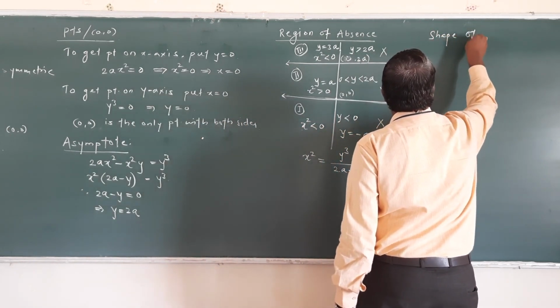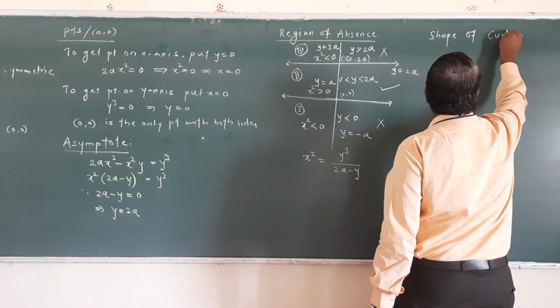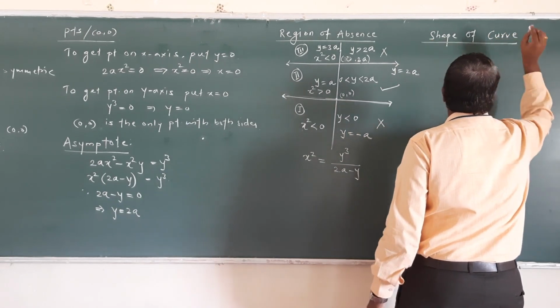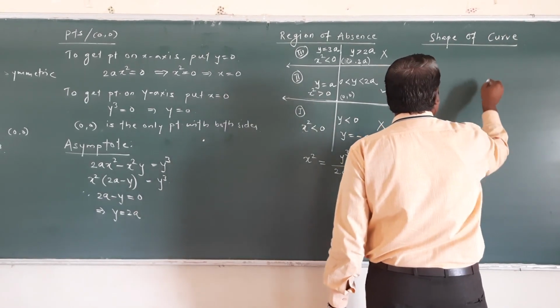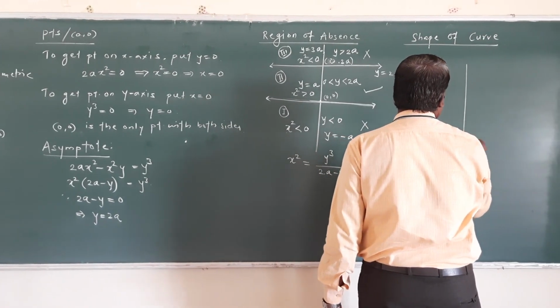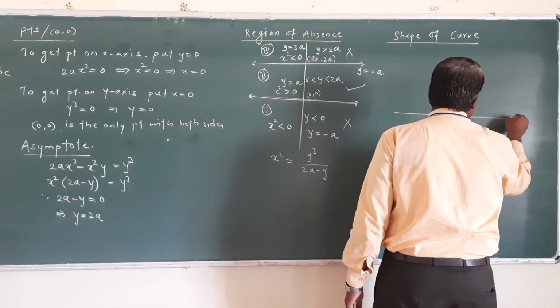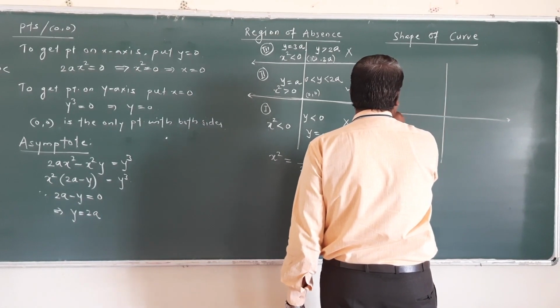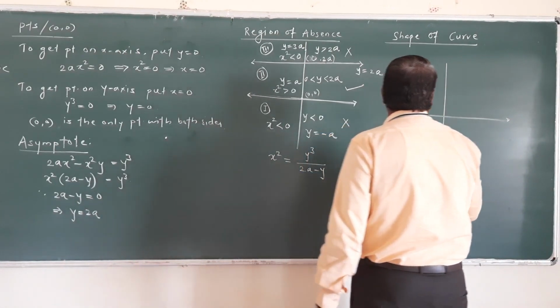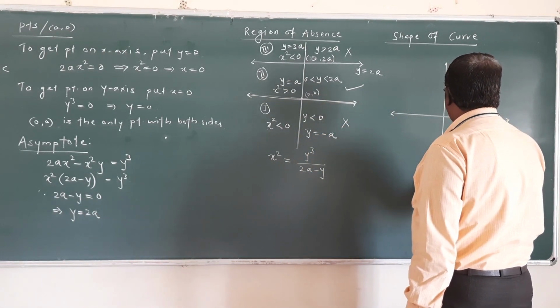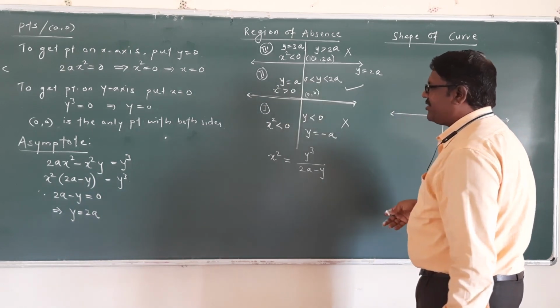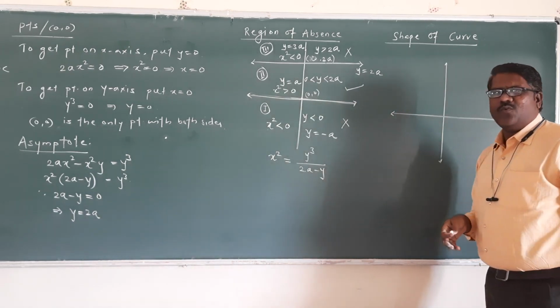Next point is the shape of the curve. Now while tracing the curve, first we will draw the coordinate system, so x-axis and y-axis. The first point, symmetry, we will see at the last. The second point is the origin.